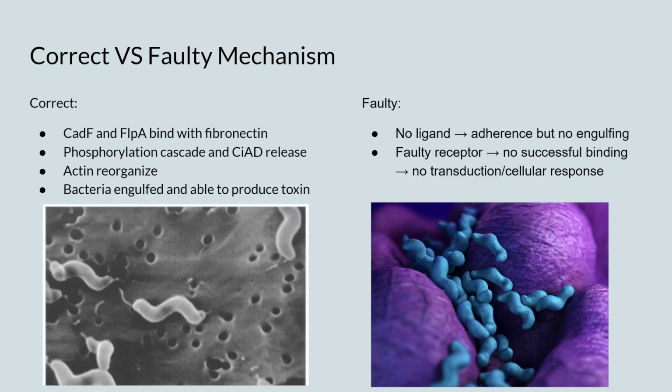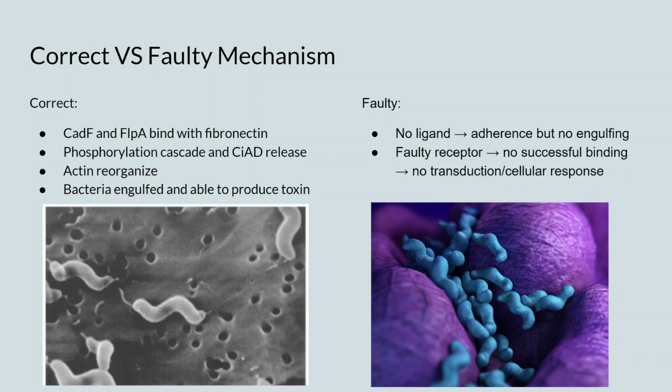The correct signaling mechanism would be everything that I just described in the previous slides. In short, the fibronectin receptor of the host cell would need to bind with the ligands, which are the CadF and FlpA adhesions, which are attached to the Campylobacter jejuni bacteria, and allow the CiaD proteins from inside of the bacteria to be released into the host cell.